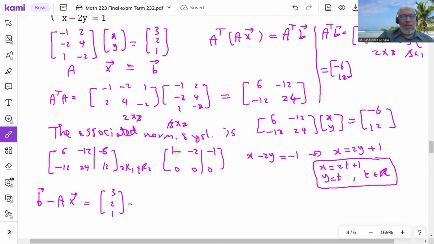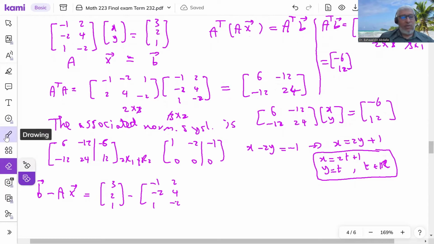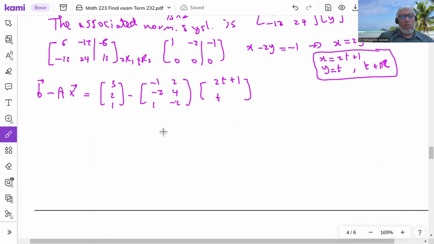So A, let me write it: negative 1, negative 2, 1 and 2, 4, negative 2, that's A. And X is the solution we found, x and y. We found that x is 2t plus 1 and y is t. So I'll have 3, 2, and 1 minus, if I multiply this times this.